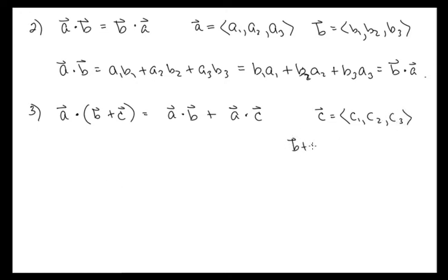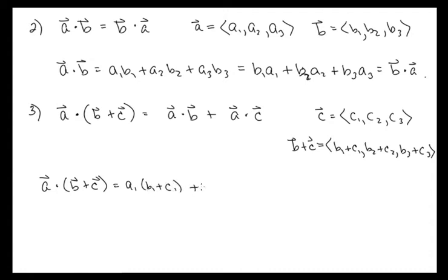Then b plus c is going to be <b1 plus c1, b2 plus c2, b3 plus c3>. And so a dot (b plus c), by definition of dot product, is going to be a1 times (b1 plus c1) plus a2 times (b2 plus c2) plus a3 times (b3 plus c3).